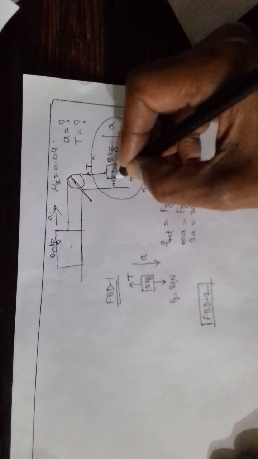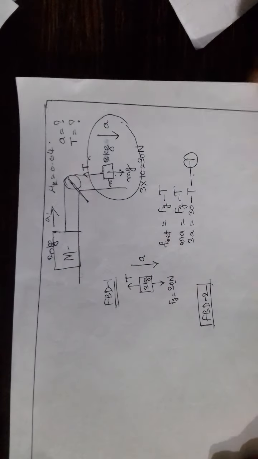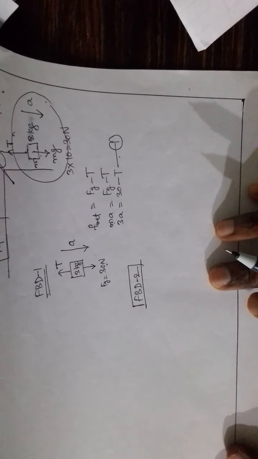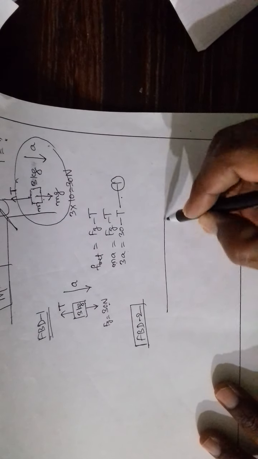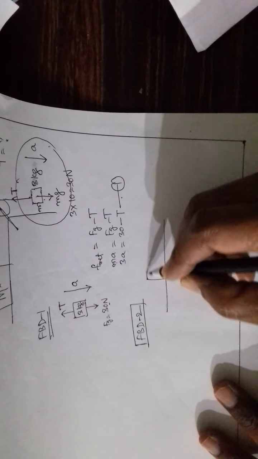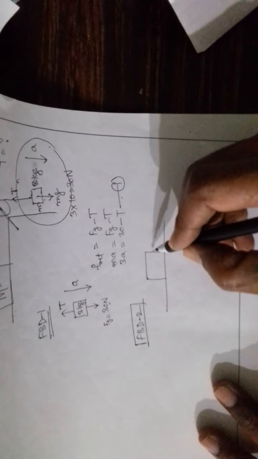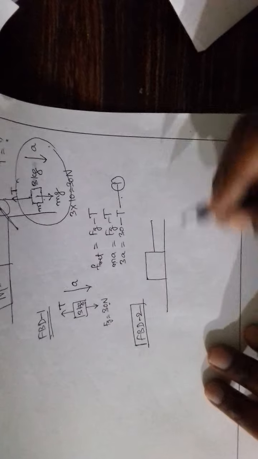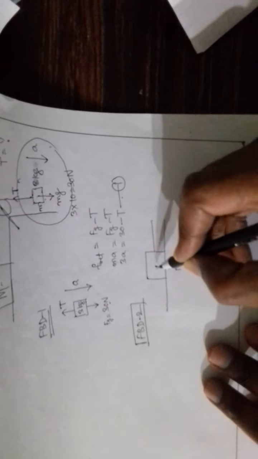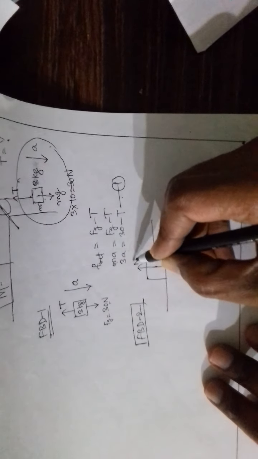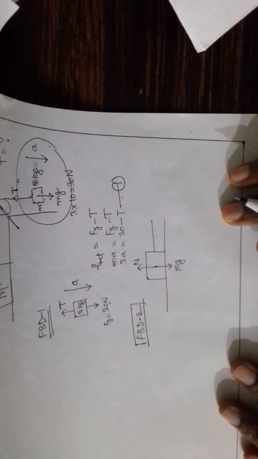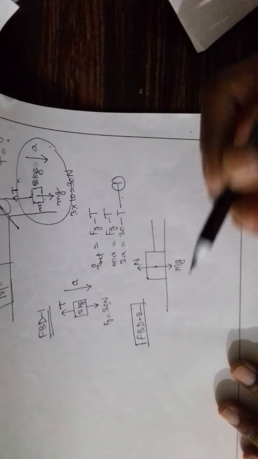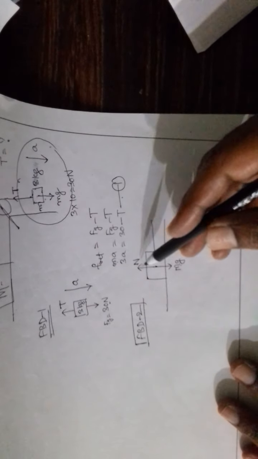This is small m, this is capital M. On this capital M, gravitational force acts downward and normal reaction upward. But the resultant of these two forces becomes 0, so we need not consider these forces.